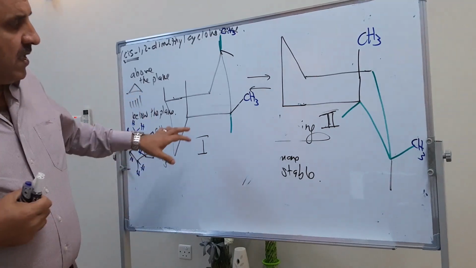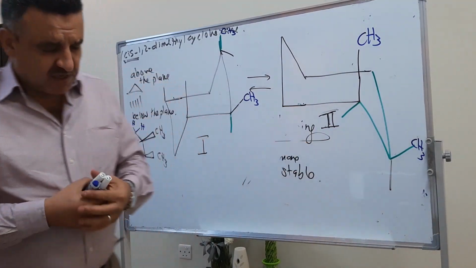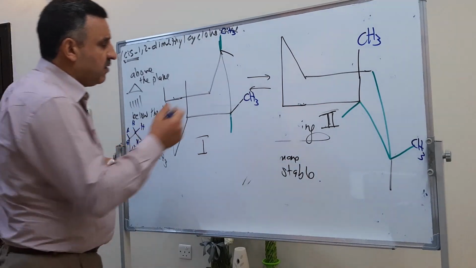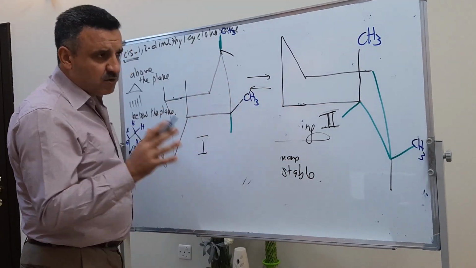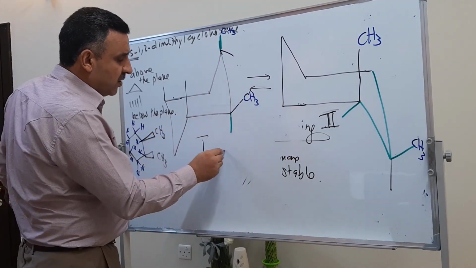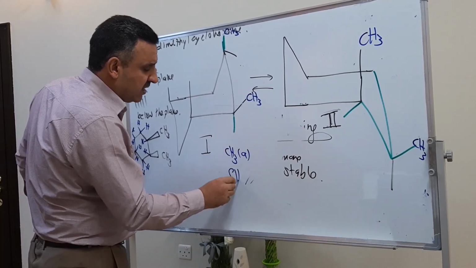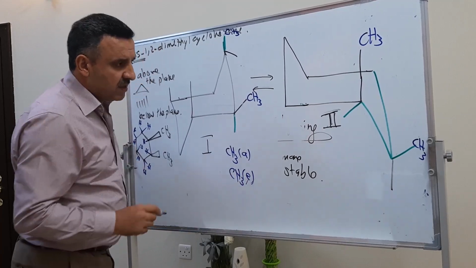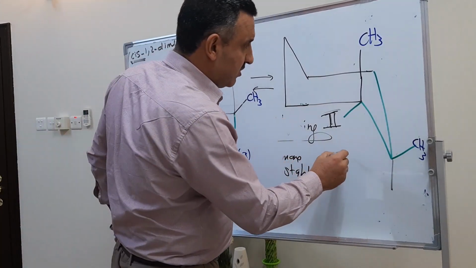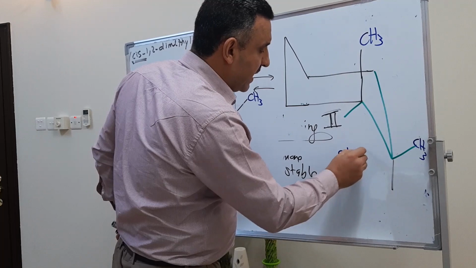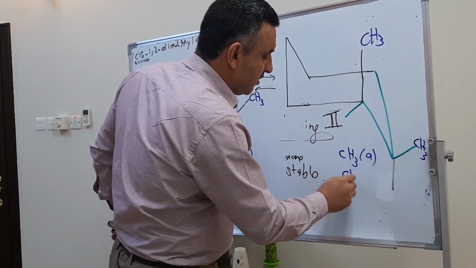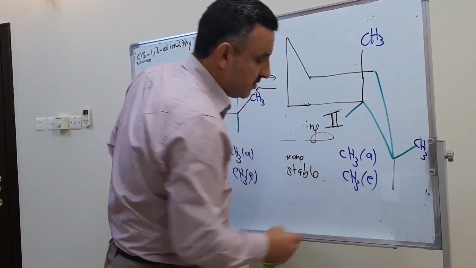Anyway, in both conformations, we have what we have here. For the methyl groups only, we have one methyl occupying axial and one methyl occupying equatorial. In this conformation, we have one methyl occupying axial, the other methyl occupying equatorial. Do you follow me?